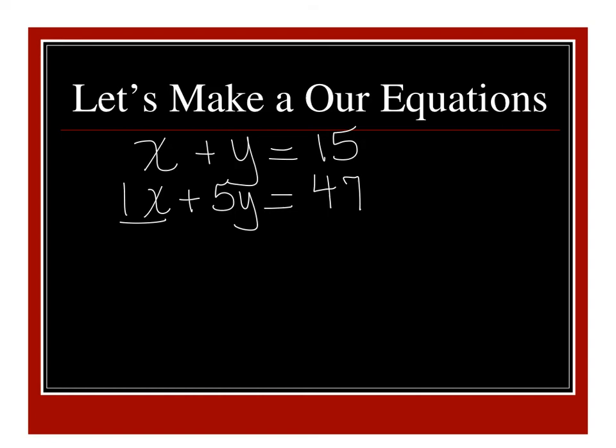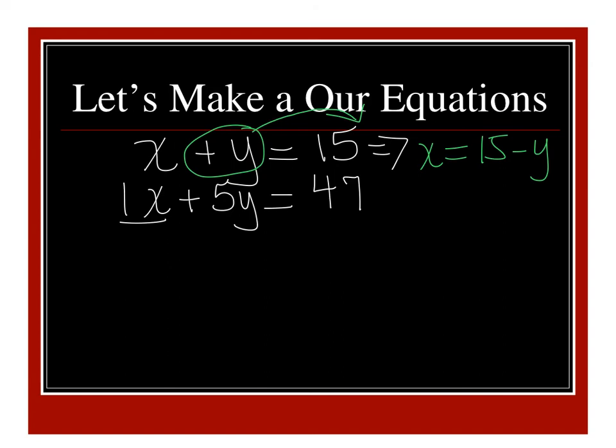Alright, so I'm going to use substitution to solve this system of equations. I'm going to take this first equation here and solve it for x. And you can do x or y, whichever one you want to. All I'm going to do is subtract y from each side, or move y to the opposite side, and when I do that, I get 15 minus y. Then I'm going to substitute.